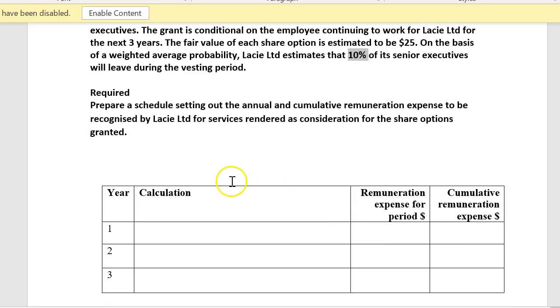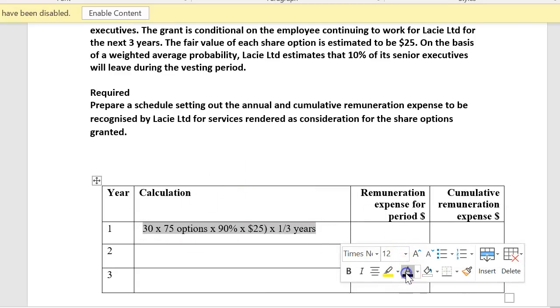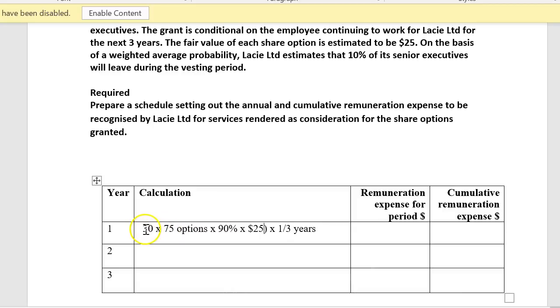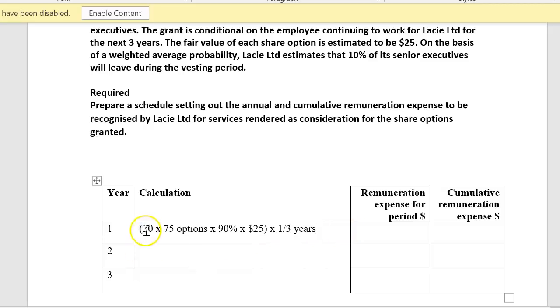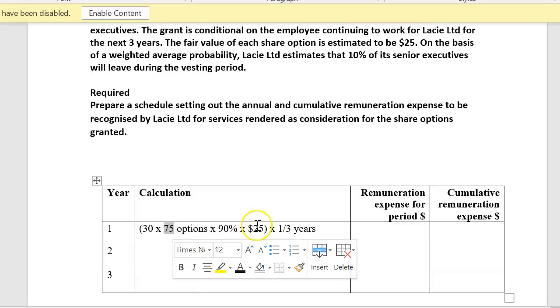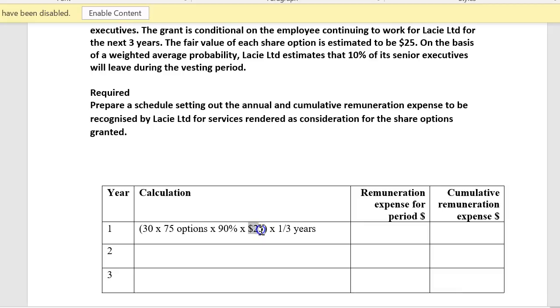Okay, so what you need to do is work out the remuneration expense, which is 30 executives, each entitled to 75 options, and the fair value of the option is $25.